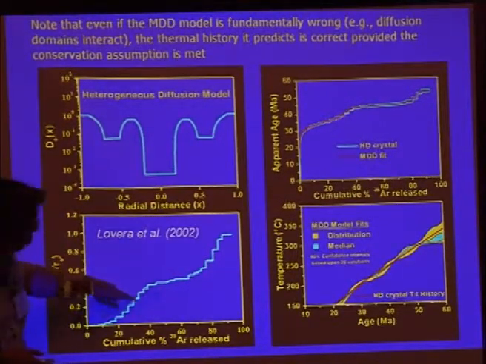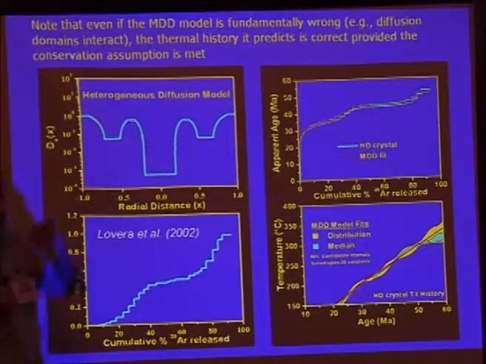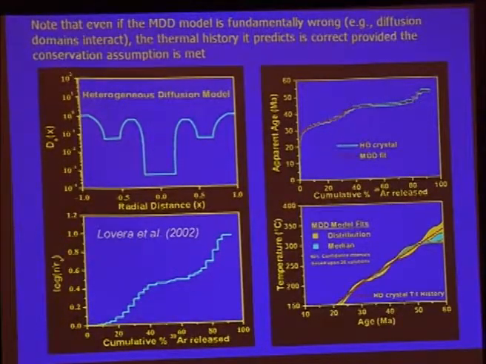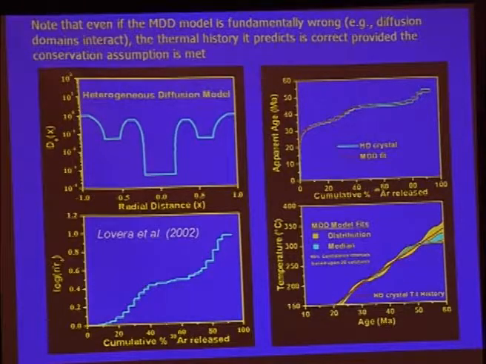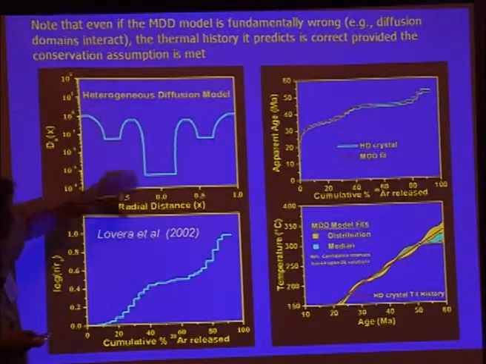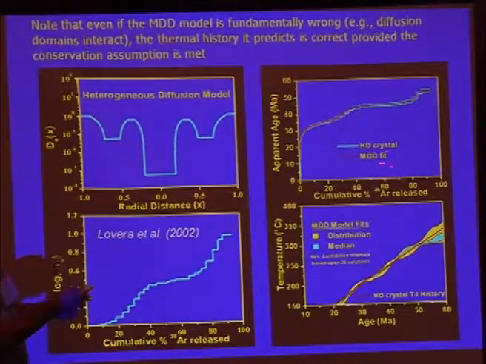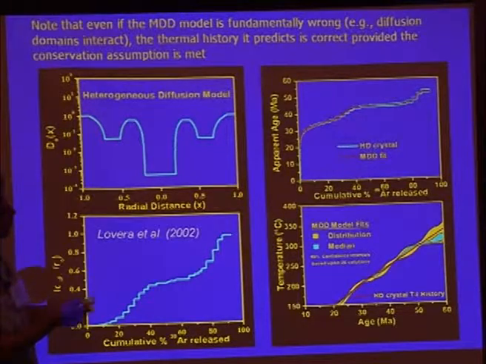Well, this is the R-R0 plot. So, a very different conceptualization. The only thing it shares in common with the multi-domain model is that Arrhenius behavior in the diffusion migration. Okay, so what we did is we then forced this model through the multi-domain fit.